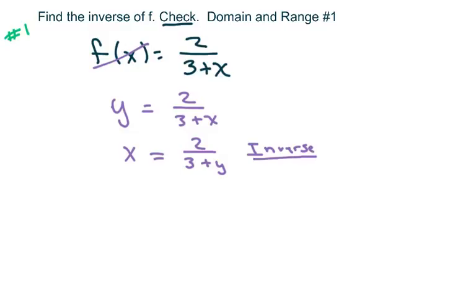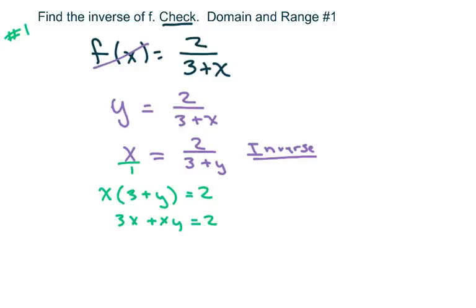That's the inverse because all we did was switch the x and the y, but we want to solve for y. So we're going to cross multiply, and you get x times 3 plus y equals 2, and this will be 3x plus xy equals 2.